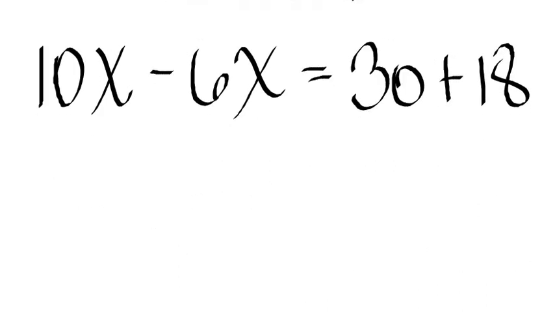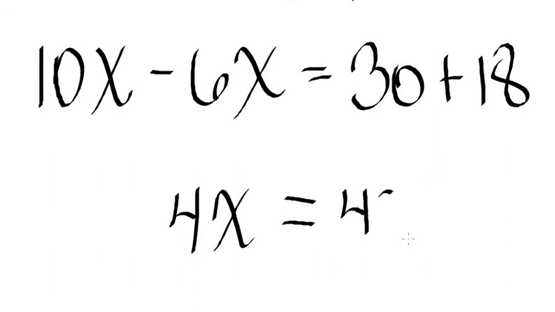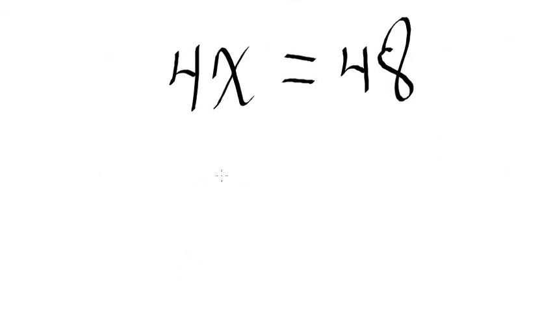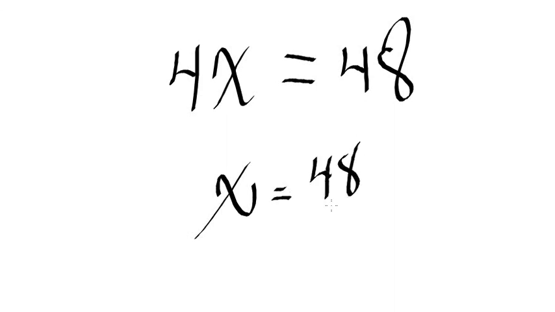Now 10 minus 6 gives us 4x, and 30 plus 18 is 48. x is equal to 48 over 4, and of course we want to simplify that down as much as possible.